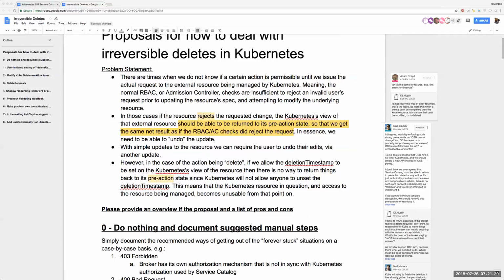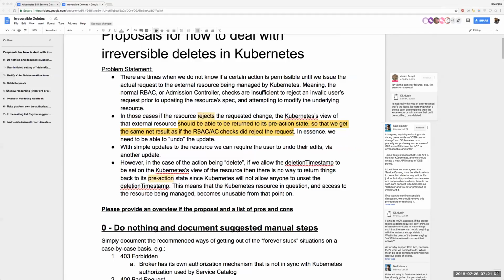And I think the real problem is that you want to be able to issue a delete, and you want the broker to be able to have final say in it. And if that delete ends up in a non-delete, you don't want it to be in a delete state. And given the way that Kubernetes works with the model, my feeling is that I don't know, maybe this is just best left to the vote.